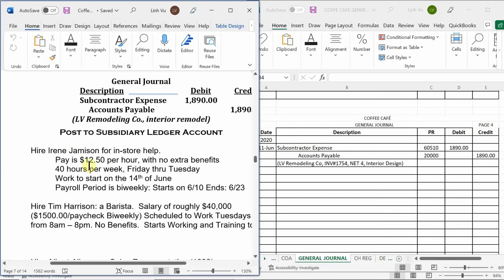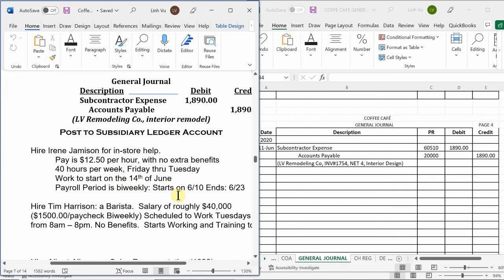She's going to get paid $12.50 per hour with no extra benefits. So she's just getting hired for just the job.